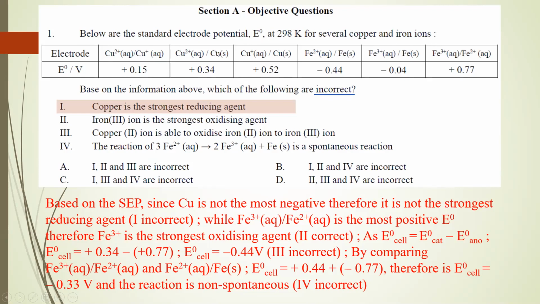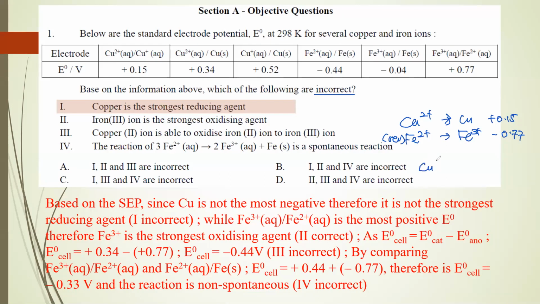Do you understand or not? In other words, you compare Cu2+ to Cu at positive 0.15, then Fe2+ oxidizes to become Fe3+, so negative 0.77. This one you reverse because you want to oxidize.